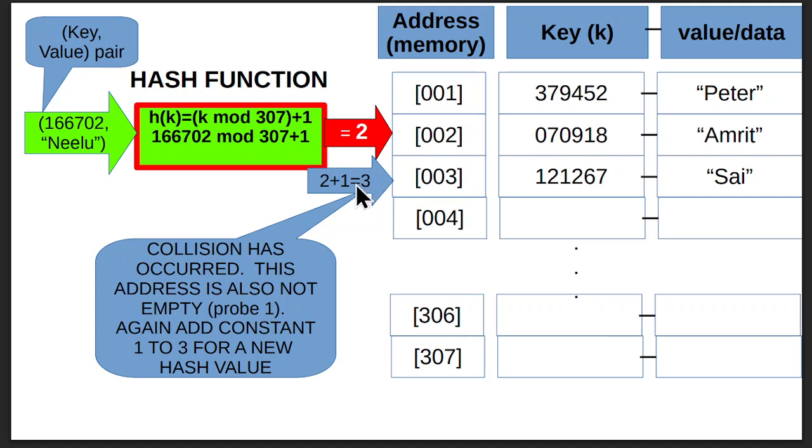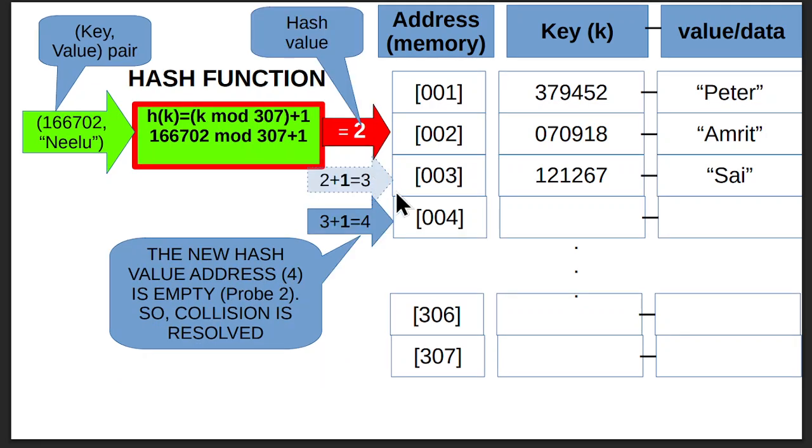So the probe will now go to address 3 to see if that is available. Remember, this is the first probe. But you see that this is already occupied by some other key value pair, so this probe has failed. Now I'm going to send a second probe, adding the same constant, which is 1.